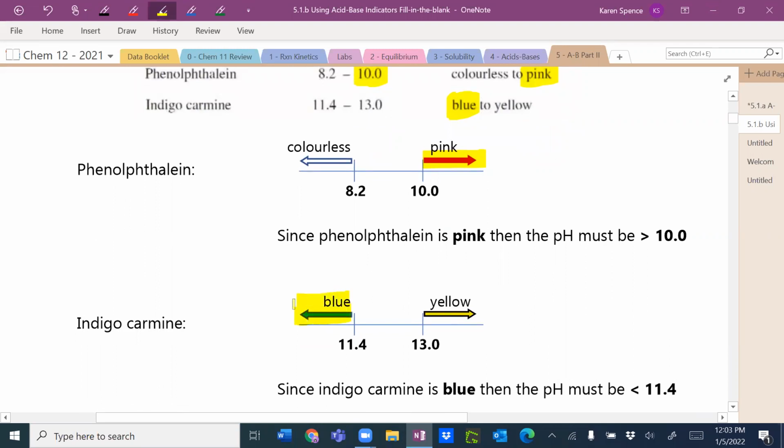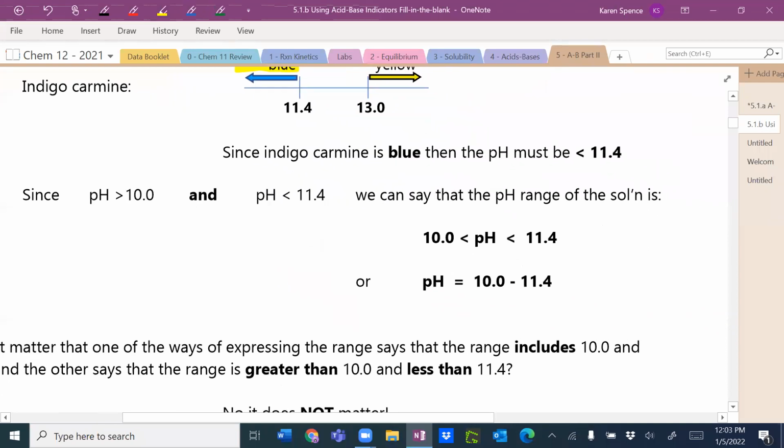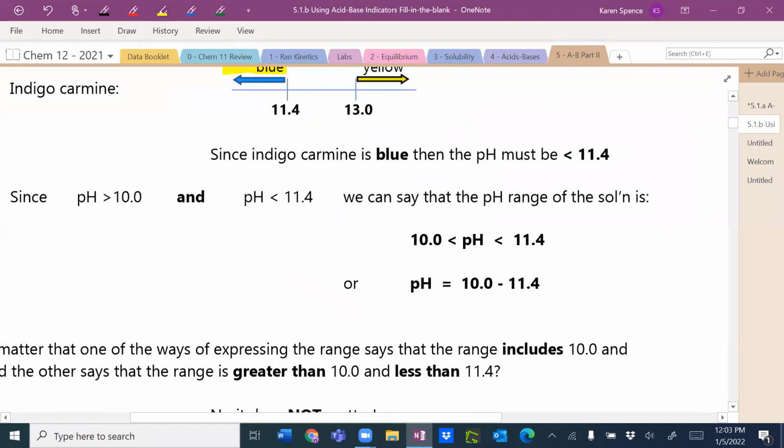So we know that the pH has to be above 10, and we know that the pH has to be below 11.4. And so the pH range then is between 10 and 11.4.